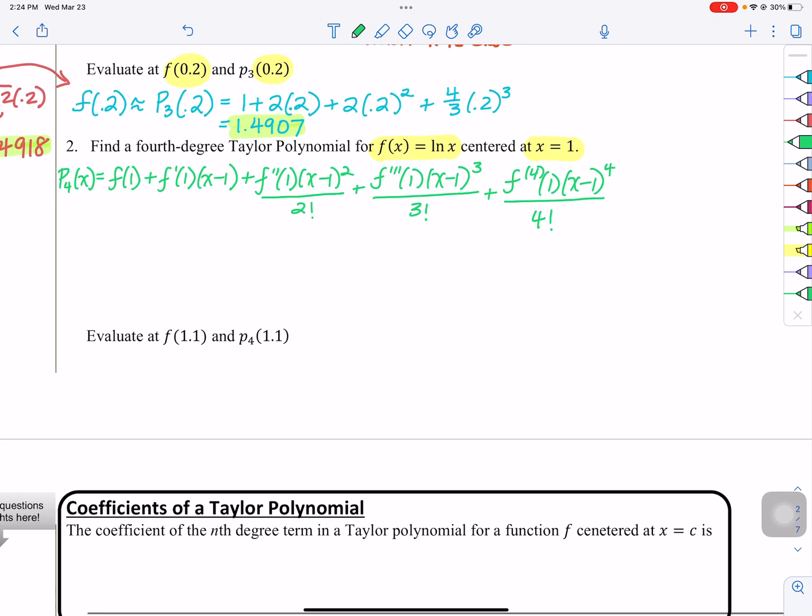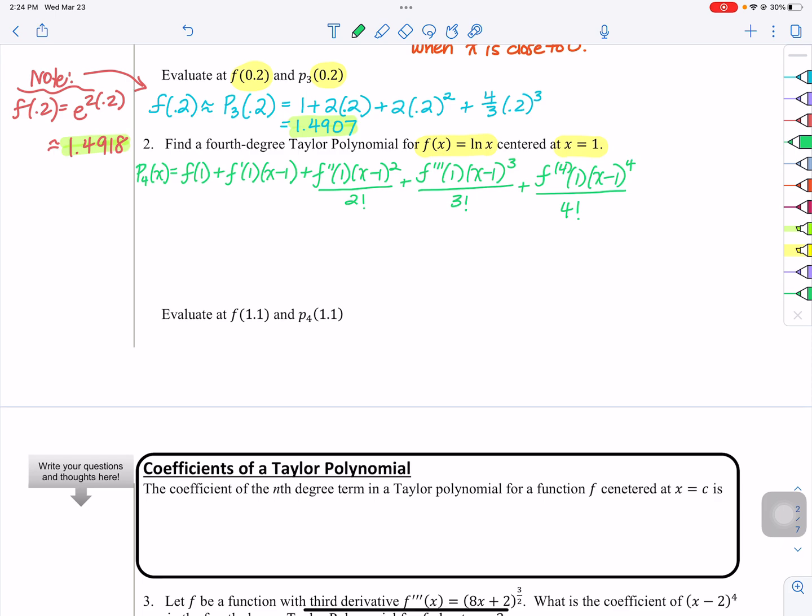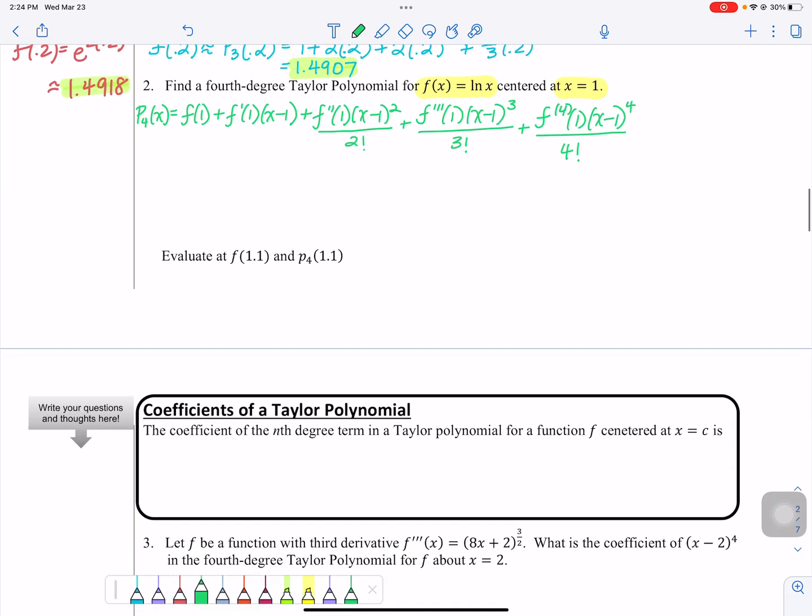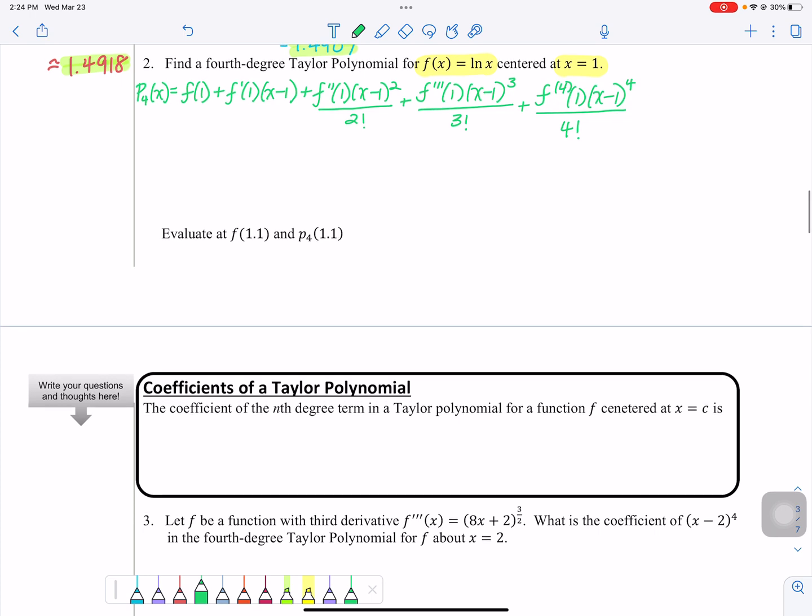So as you can see, we are going to need the first through fourth derivative, okay? So we'll go ahead and write those over here.